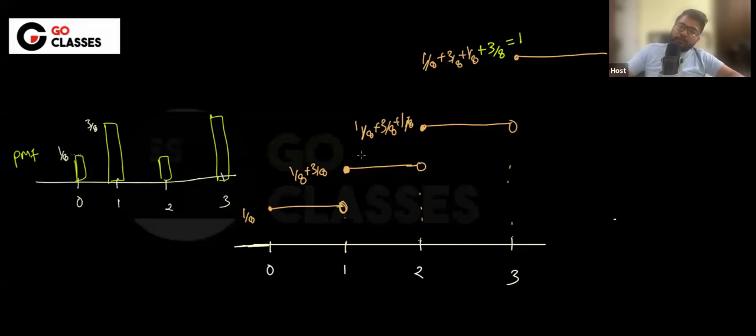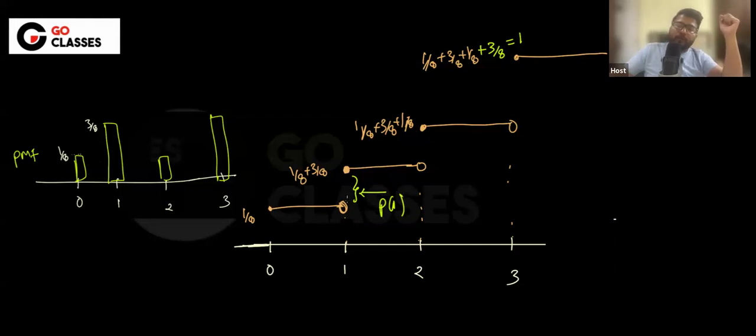So at 1, there is a sudden jump. At 2, there is a sudden jump. This jump is also defined. How much jump is it? Can you tell me in terms of the probability? There's a probability of 1, probability of 2, probability of 0. The probability of which number? The probability of 1. So basically, the jump is also well defined here.